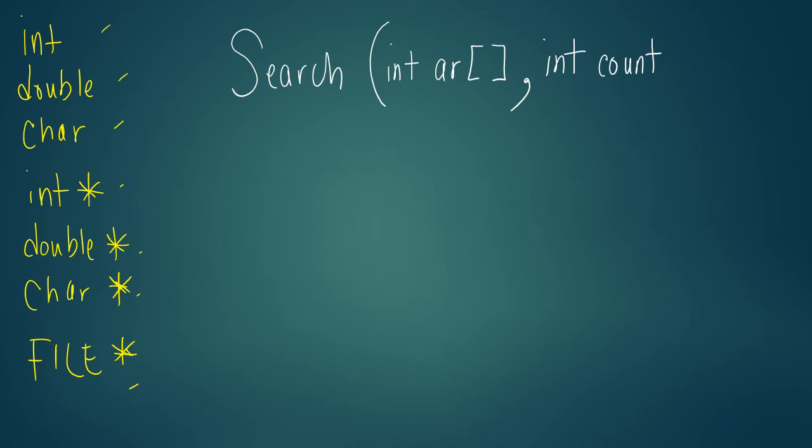So like I said before, you could have an array of size 10 and only use 5 of those elements. That's a partial array. If you need to refresh that, there's a video on partial arrays. And the third argument is a target. So this target is going to be what we're going to be searching for in the array.